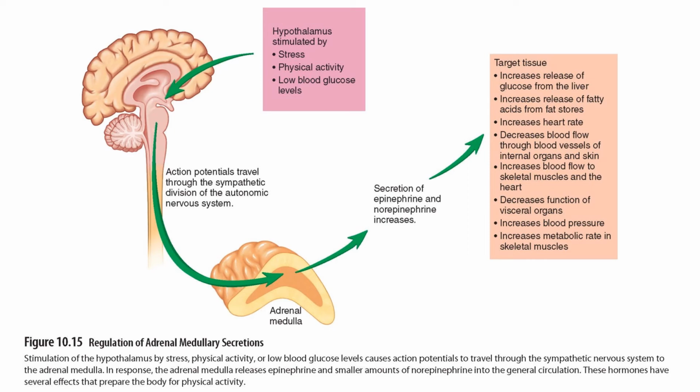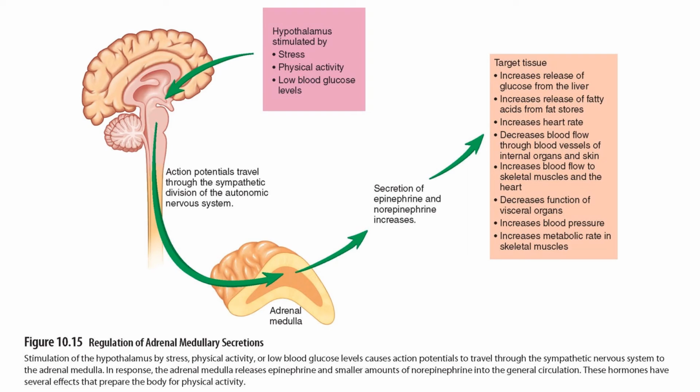So, stress, physical activities, and low glucose levels are actually types of your fight or flight responses. So, in response, the adrenal medulla releases epinephrine and smaller amounts of norepinephrine into the general circulation. So, these hormones have several effects that prepare the body for physical activities.